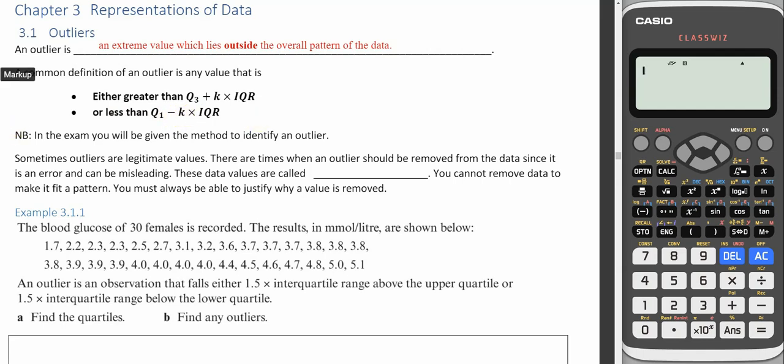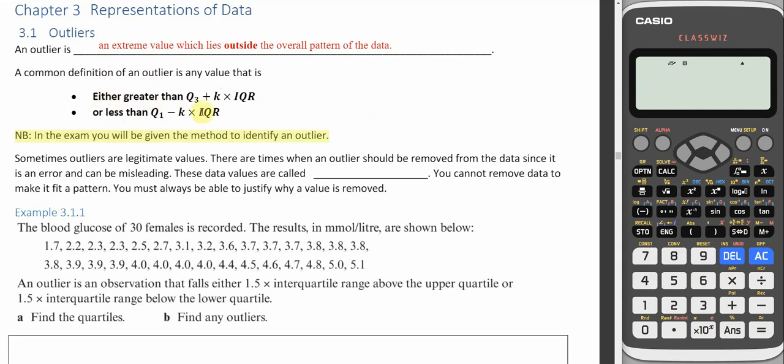And note that in the exam you will be given the method to identify an outlier. So they will say something like, using the following definition, it could be Q3 plus 1.5 times the interquartile range, so K might be 1.5. You then got to go ahead and work out the outliers.